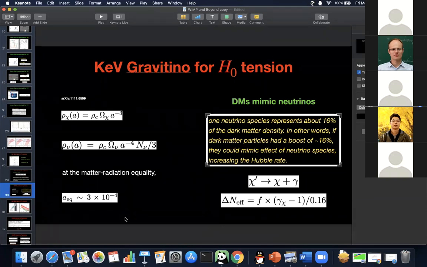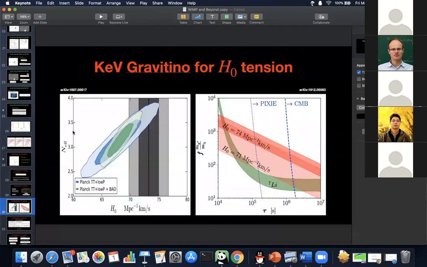Here we can see the effective neutrino number is positively correlated with the Hubble constant.